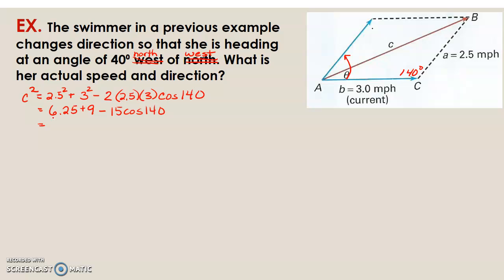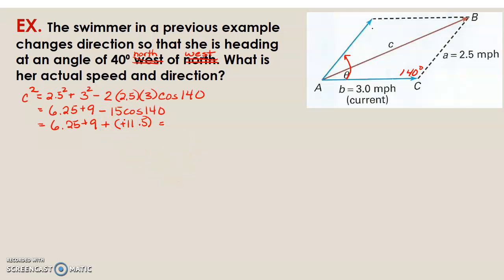Something's wrong. Obviously didn't do that right. Let's see. Mode is degree. I always want to check that. Oh, that's because we had 6.25 plus 9, and then it was minus a negative 11.5. That's what happened with it. So that means it's just going to be added.